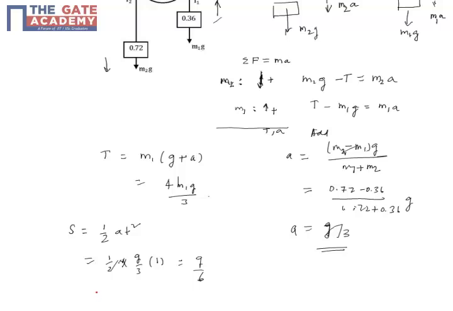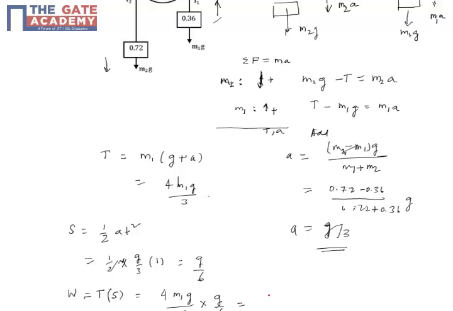On the smaller block they have asked, so work done by the tension is nothing but force into distance, and because the tension direction and the distance traveled are in the same direction for the 0.36 kg mass, the work done will be T into S. Tension is 4 M1 G by 3, into distance G by 6.